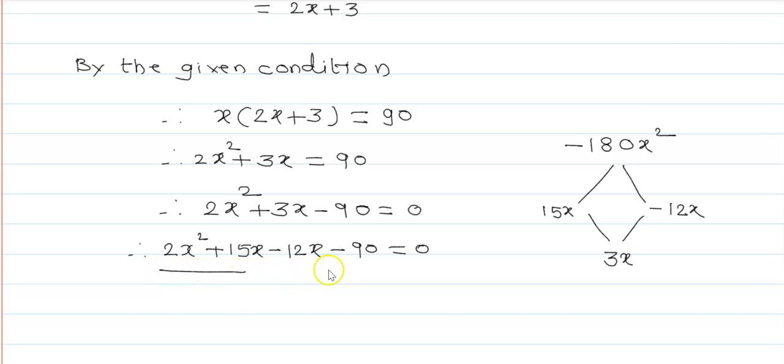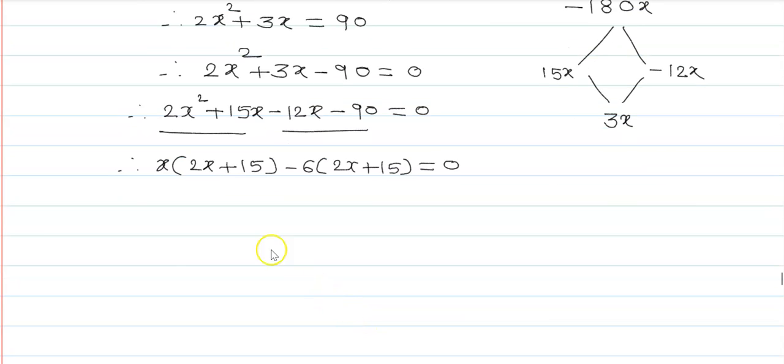From these two, we take common as x. Number cannot be taken as common. Therefore, x in bracket 2x plus 15, and from this we'll take 6 as common. Then in bracket you will get 2x plus 15, bracket complete, and that's equal to 0.